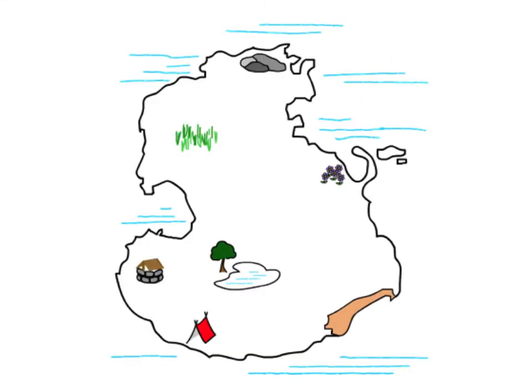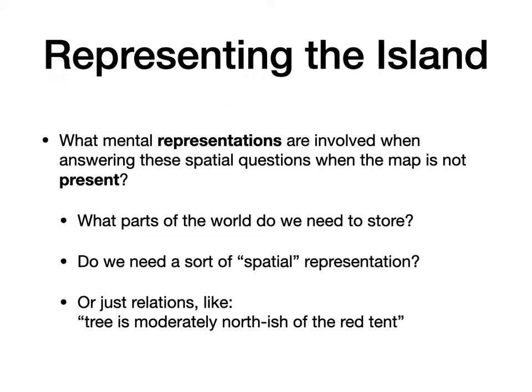The answer is yes. You do pass by the flowers. Although, sorry, those flowers might be a little blurry. The things on the right, little purple critters. So, how did we represent this? Representing the island. What mental representations are involved when you answered these spatial questions when the map is not present?